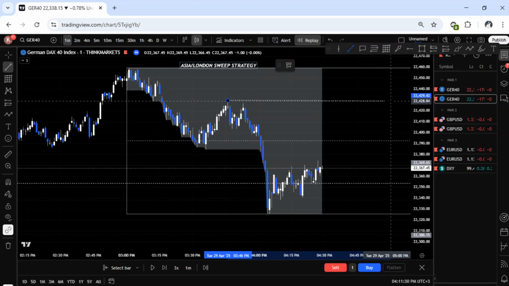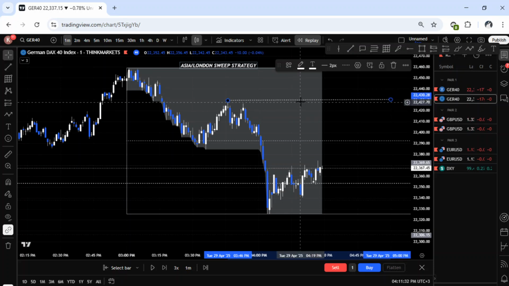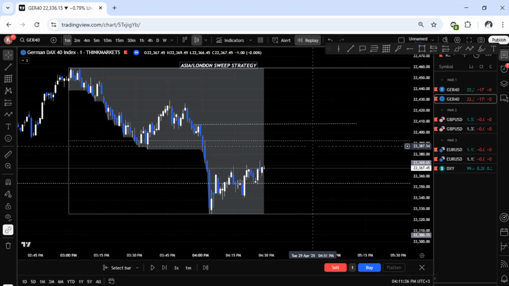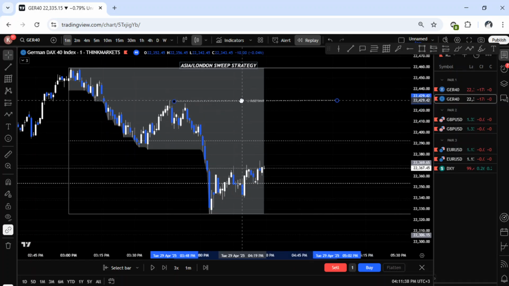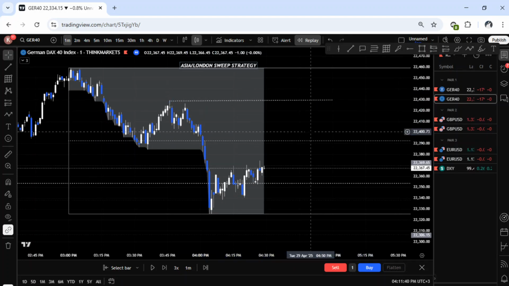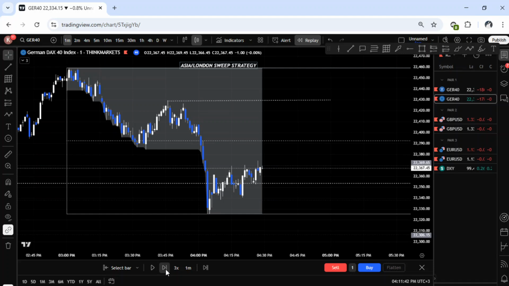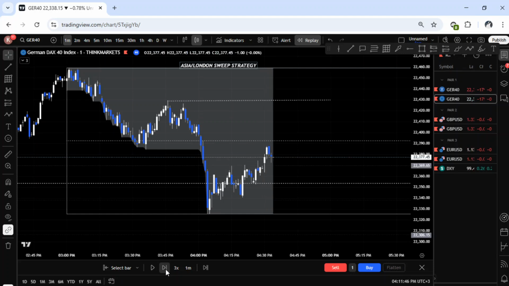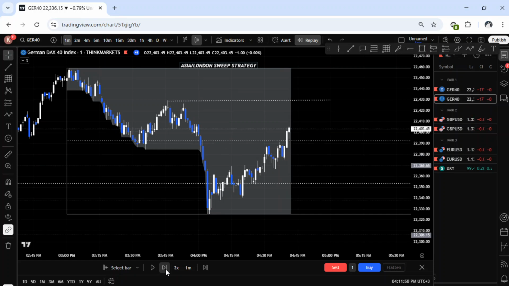So we need a change of character somewhere here, or even on the least side. This is the last pullback that we had. We must have it, but personally I preferred this one. That is why I didn't take it. When the market moved like that, 15 minutes had already closed, so I'm confident of the move. And then I'm also seeing internal structure, which is not a must.